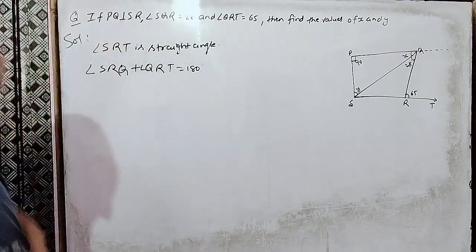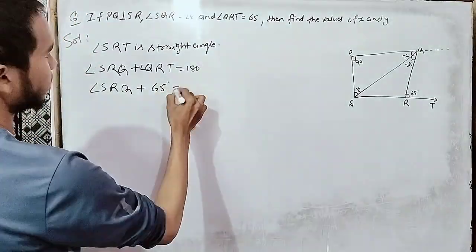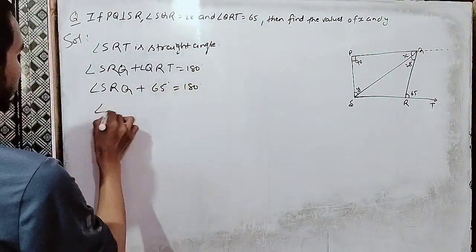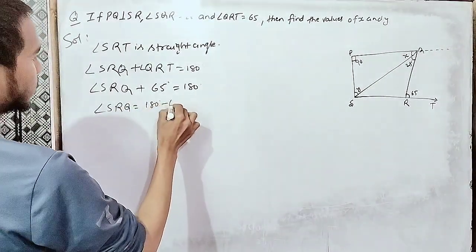That's why SRQ plus QRT, which is 65 degrees, would be 180 degrees. SRQ we don't know yet. So now we can find the value of this angle, which is 115.